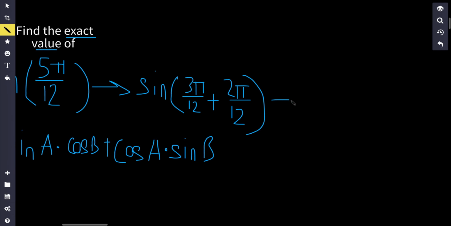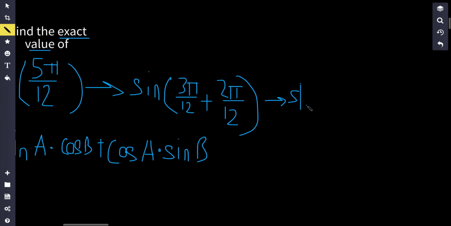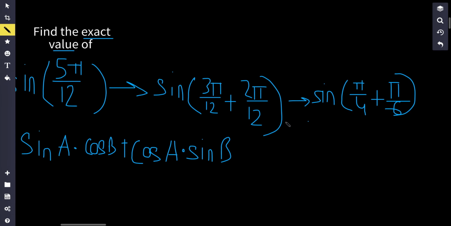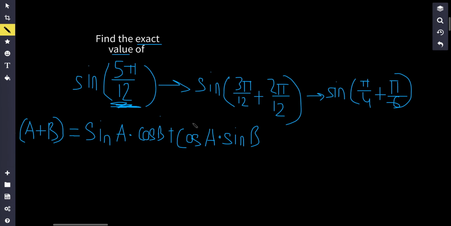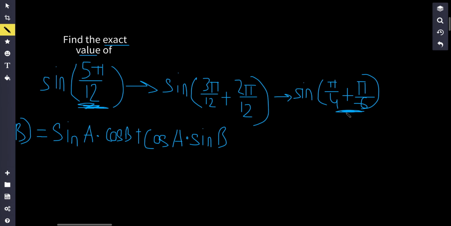And 3 pi over 12 is the same thing as pi over 4, and 2 pi over 12 is pi over 6. So now notice I've rewritten sine of 5 pi over 12 as sine of pi over 4 plus pi over 6.